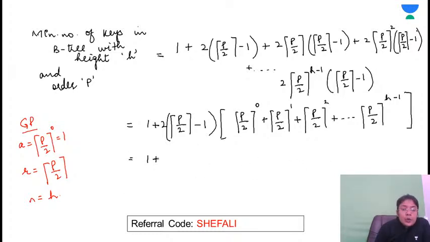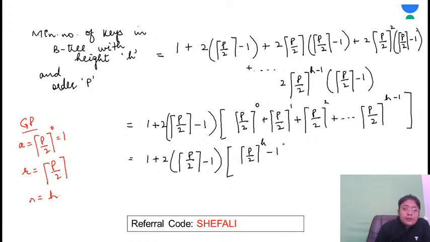So just apply the formula. So this comes out to be 1 plus 2. This term is as it is, p/2 minus 1. First term is 1. Common ratio is p/2. Number of terms are h.